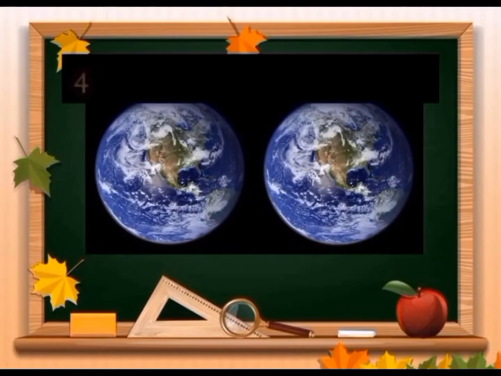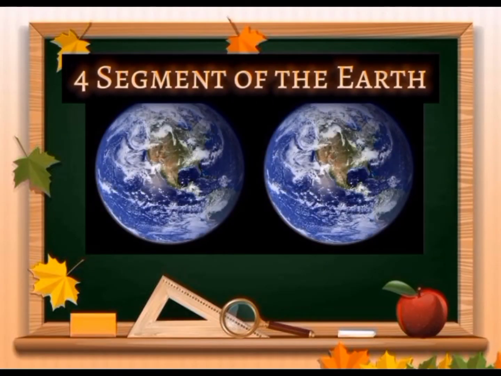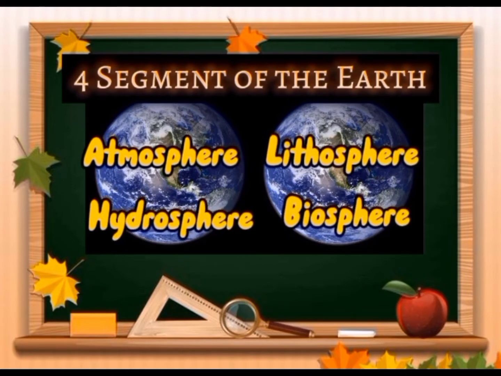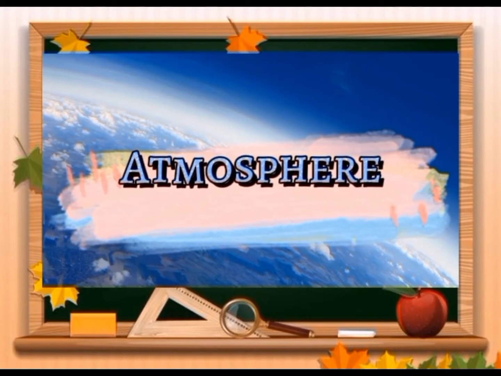The environment consists of four segments of the Earth, namely the atmosphere, hydrosphere, lithosphere, and biosphere. Let's start with the atmosphere. I know that most of us already know what atmosphere is because it was taught in our high school years. Now let's just recall what atmosphere is.